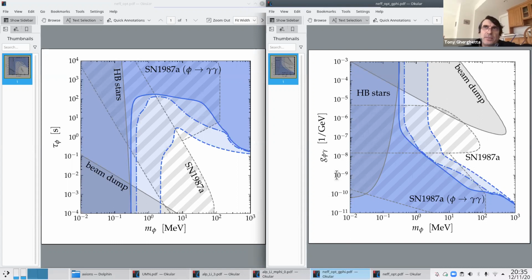Because normally for axions, I thought that the axions have to live longer than the age of the universe, so their decay constants are intermediate. Yes, this is true, but in our case, the axion-like particle is not necessarily a dark matter candidate. You could have an additional dark matter particle, but this is just an axion-like particle which might decay before that. I see, because you're saying that the mass is independent.